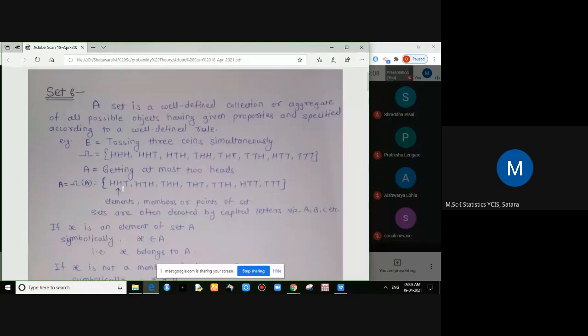The total 7 objects out of our sample space, that is HHT, HTH, THH, THT, TTH. All these are objects from the sample space, and all these 7 objects satisfy our rule that we defined in A, that is getting at most 2 heads.